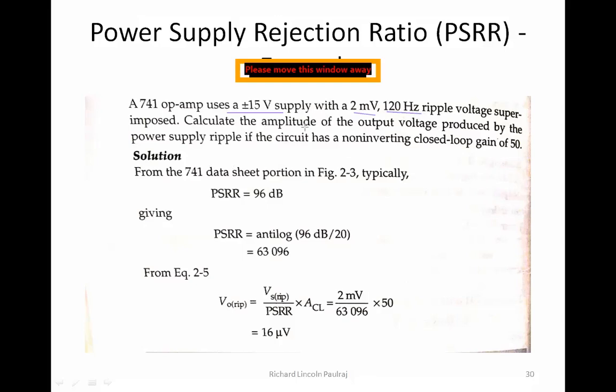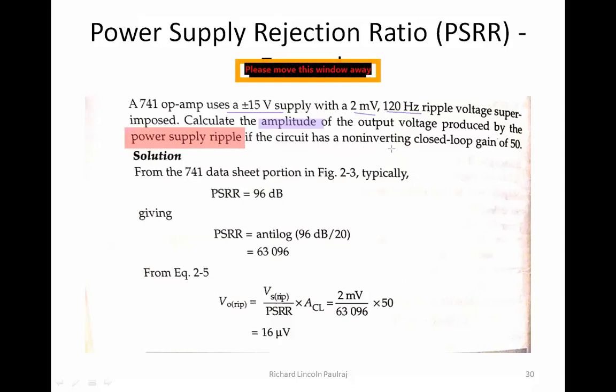Calculate the amplitude. Okay, now this is important. We have to calculate the amplitude of the output voltage produced by power supply ripple. So again, this is giving you a clue stating that this is referring to PSRR, power supply rejection ratio.